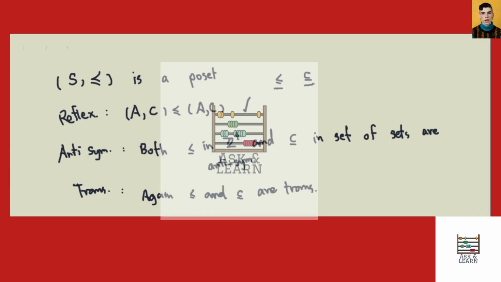Anti-symmetry, I will just say that since both less than or equal to and being a subset are anti-symmetric, you can prove it using this property. If you write it out, it's going to be anti-symmetric. I will just skip that. Transitive as well, so both less than or equal to and being a subset are transitive. When we prove it, we just write each entry out and they're going to relate to each other in the end.